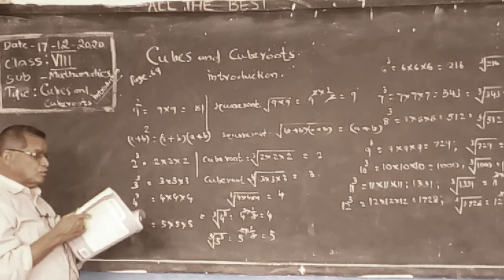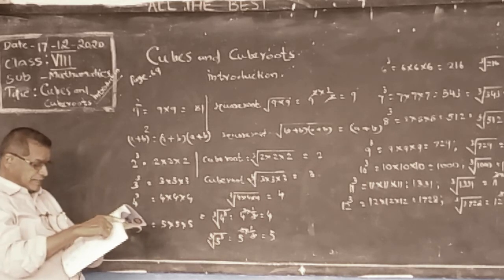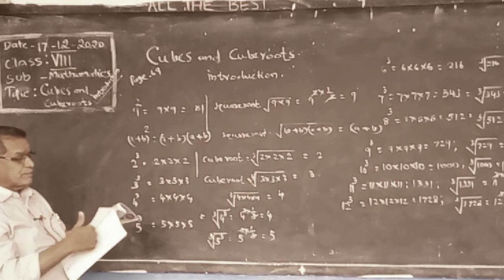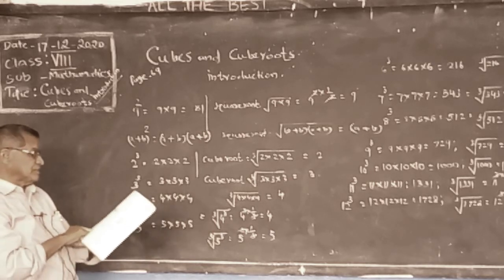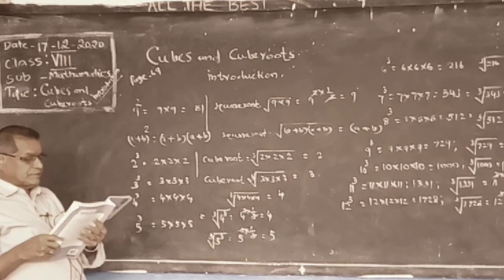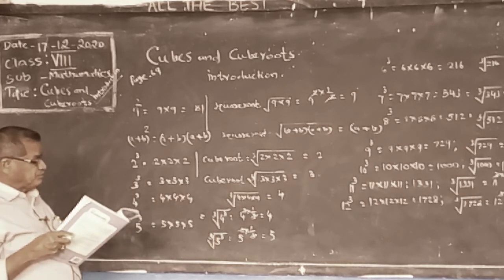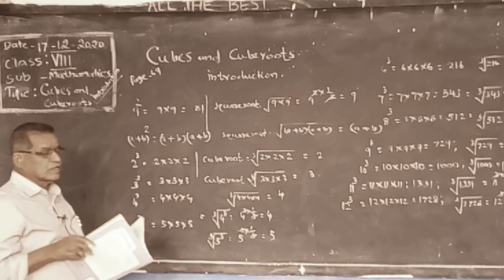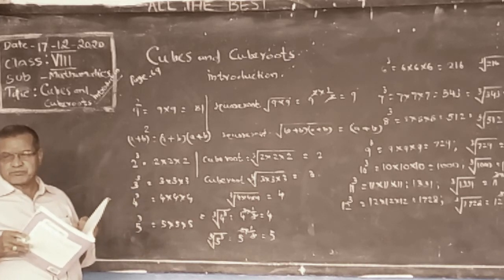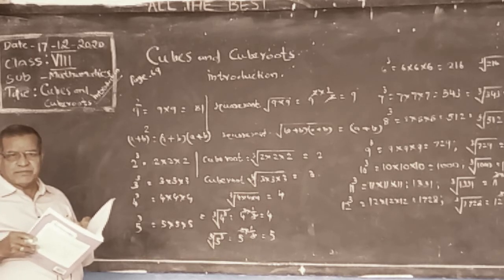So please go through these examples and practice. Learn up to 20 numbers. Write up to 20 numbers and learn these values orally. Don't multiply and say; you have to say it orally.